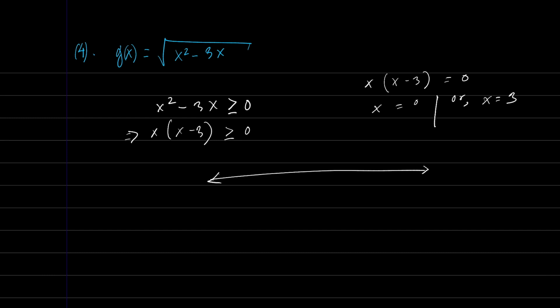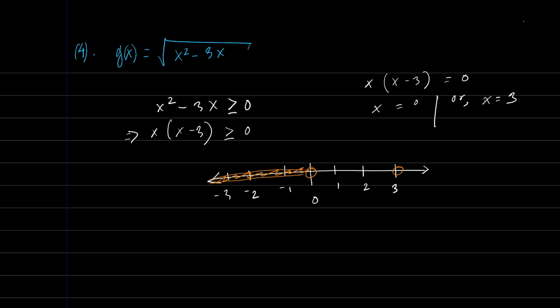In the number line, if we take a value less than 0, then x times x minus 3 would be positive. So we can take any number between negative infinity up to 0. If we take any number between 0 and 3, let's say 2, then 2 times 2 minus 3, which is minus 1, would be negative.